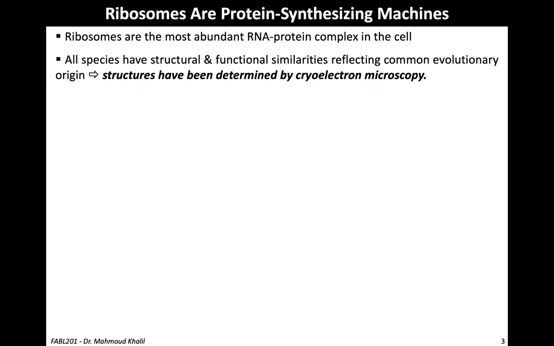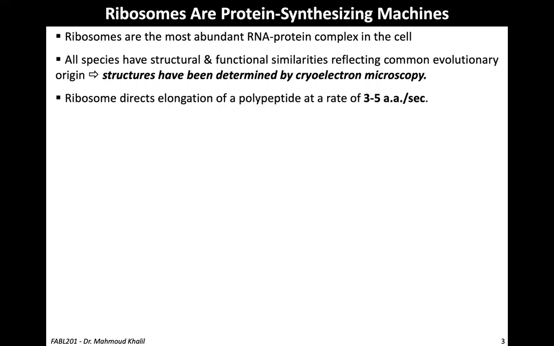So how did we determine the structure of the ribosome? It was determined by a type of microscope called the cryo-electron microscope. Ribosomes direct elongation of polypeptides at a rate of 3 to 5 amino acids per second, so on average around 4 amino acids per second.